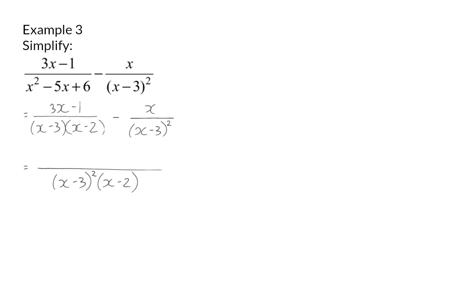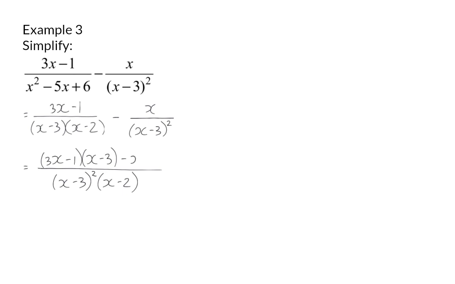Now we need to get the equivalent fractions for each of the original ones with the new denominator. So for our first fraction, the numerator of 3x minus 1 should still be multiplied by the factor x minus 3 because the denominator was multiplied with an extra factor of x minus 3.